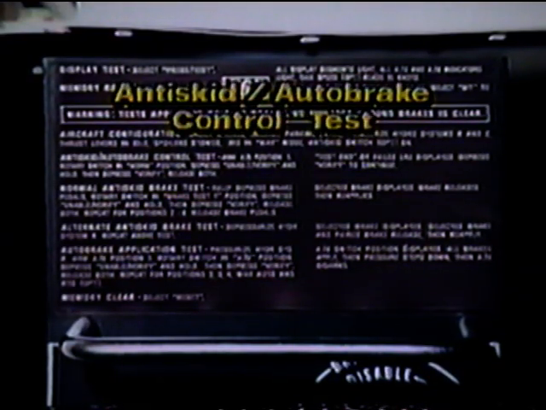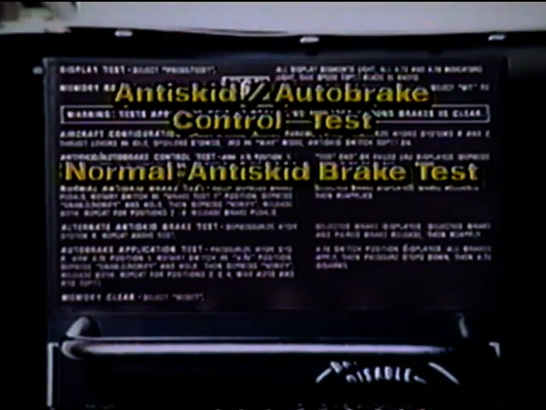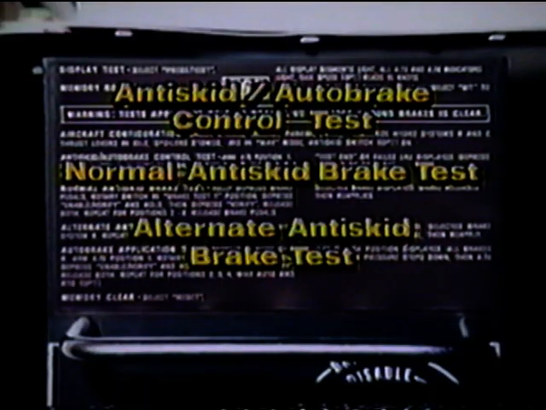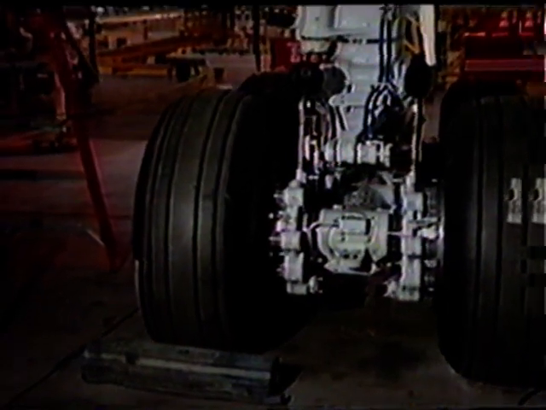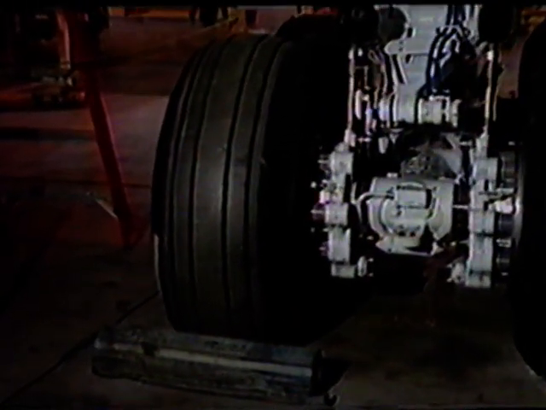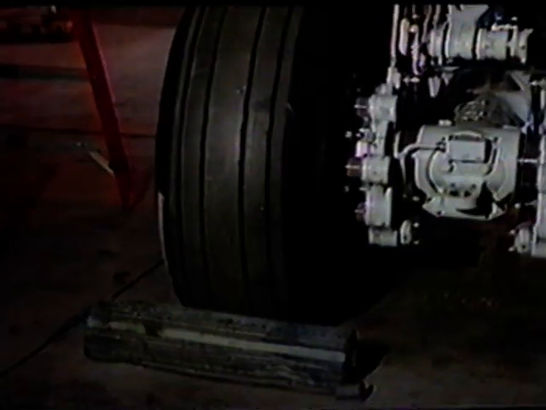The following operational checks are described: Anti-skid Autobrake control test, normal anti-skid brake test, alternate anti-skid brake test, Autobrake application test. Prior to beginning the tests, the aircraft should be properly configured per the maintenance manual.